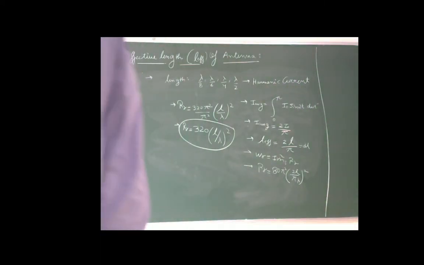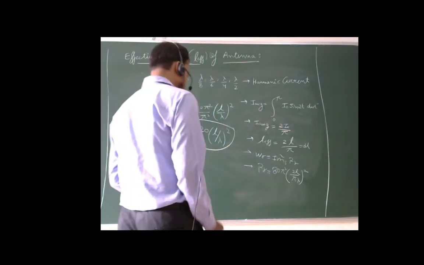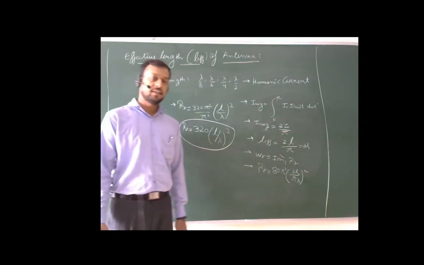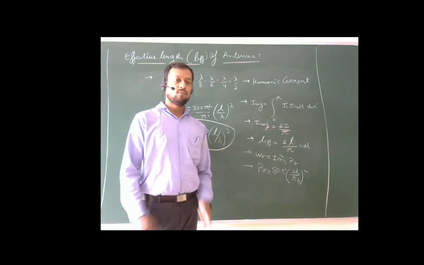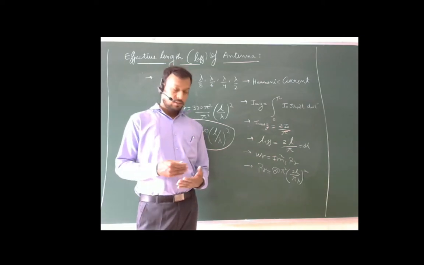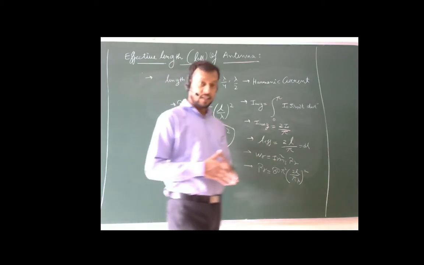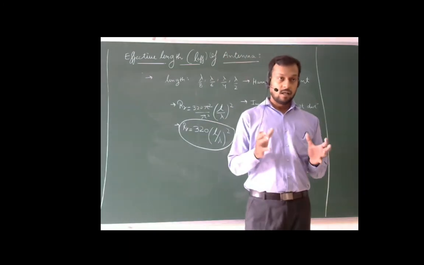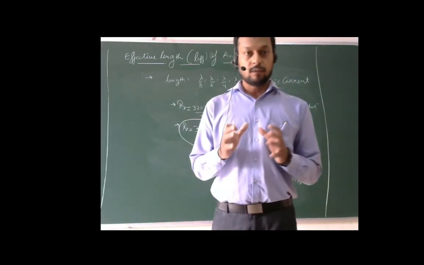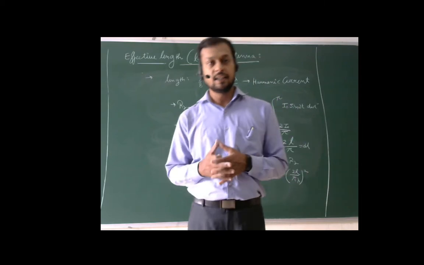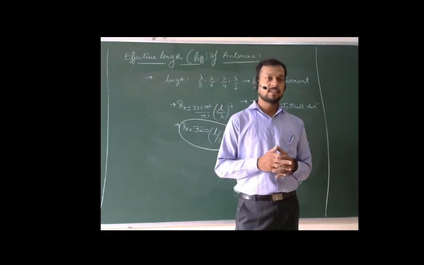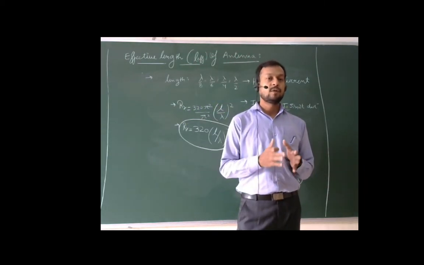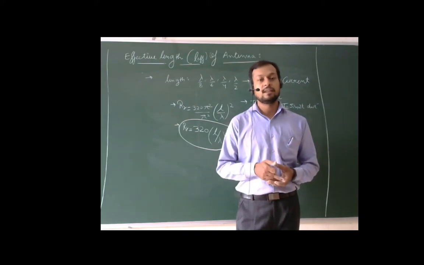So this is all about the value of radiation resistance for different types of wire antenna. We have concluded in this class that the wire antenna is completely frequency or wavelength dependent.